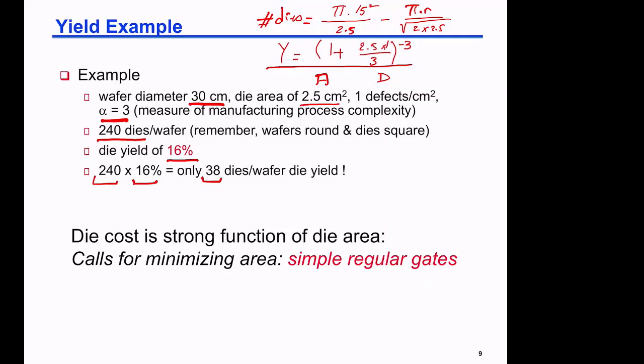The die cost is a strong function of the area, and this is why we look at minimizing the area and we try to fabricate our design with simple regular gates. Going for big and complex components is only going to increase the cost of my design, and we will learn this throughout the semester. Does anybody have any questions about this example?